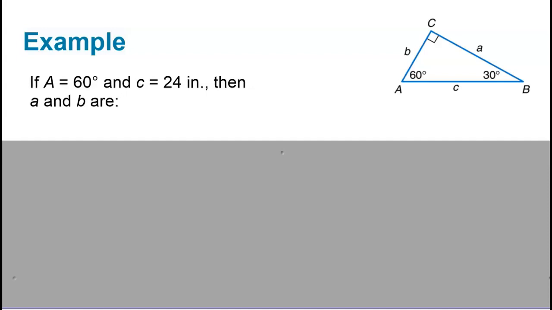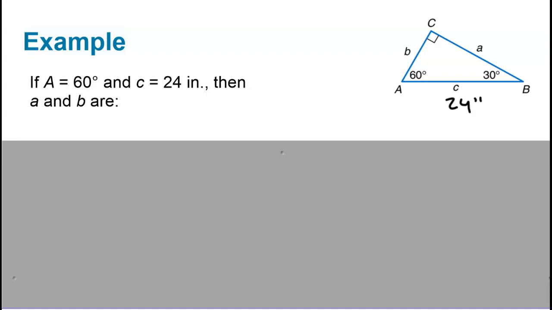Okay, so let's take a look at this. We are given that big A is 60 degrees, and we can see in the triangle that it's a 30, 60, 90 special right triangle, and that C is 24 inches.